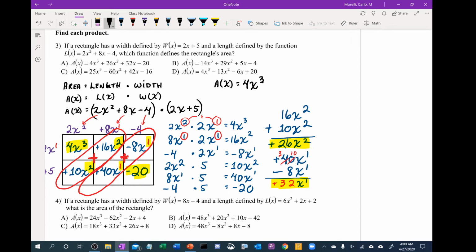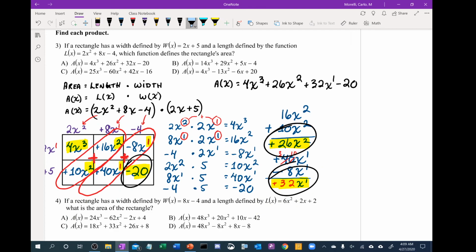And then our next largest exponent is this 26x squared. That's positive, so just write plus 26x squared. And then the next term is plus 32x to the first. And then remember I said that minus 20 would go on the end. So you just put minus 20.